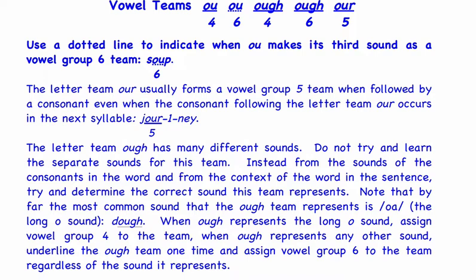And the example given is journey. You have OUR followed by the letter N, but N is in the adjacent syllable. But nevertheless, OUR in this instance represents the sound. Then finally, the letter team OUGH has many different sounds.